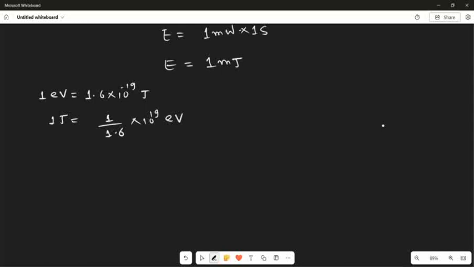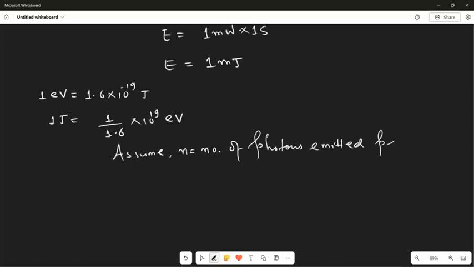And now assume n is equal to the number of photons emitted per second.